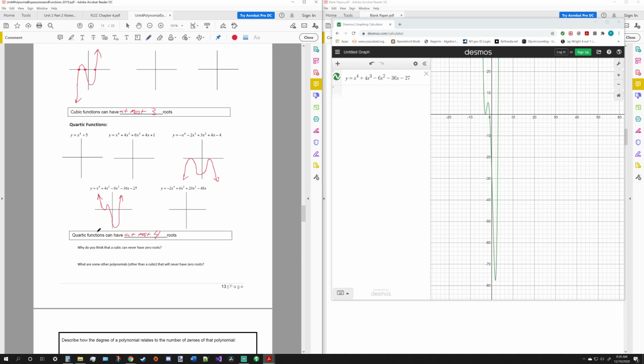So why can a cubic never have 0 roots? Because cubic functions have opposite end behavior. So it has to cross the x-axis at least once.